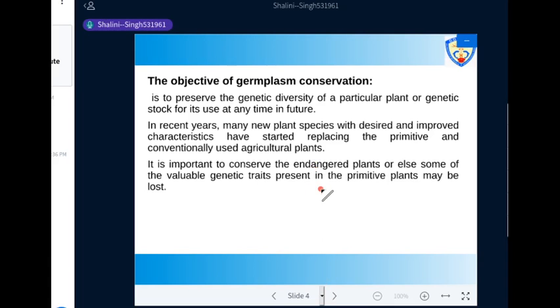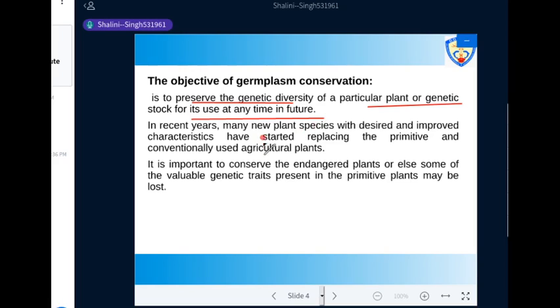The objective in germplasm conservation mainly is to preserve the genetic diversity of a particular plant or genetic stock, so that it can be used any time in future in the crop improvement program.